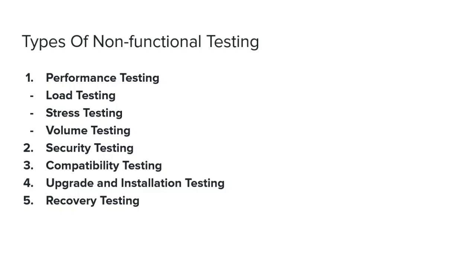So these are basically different types of non-functional testing. We will see in detail in coming sessions each and every type of non-functional testing, but let's understand that these are the different types of non-functional testing which mainly ensure the performance, security, compatibility and recovery of that application.